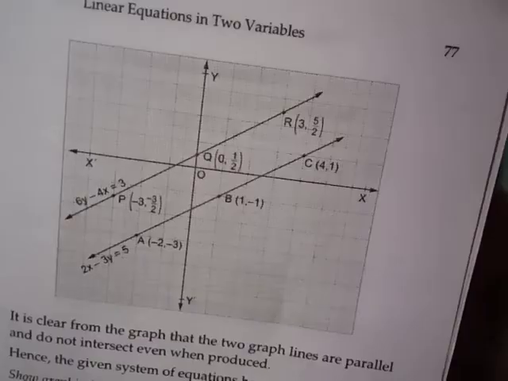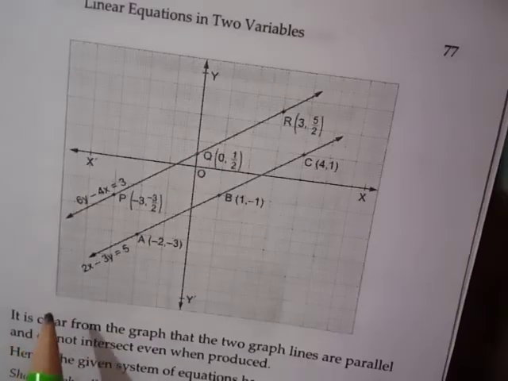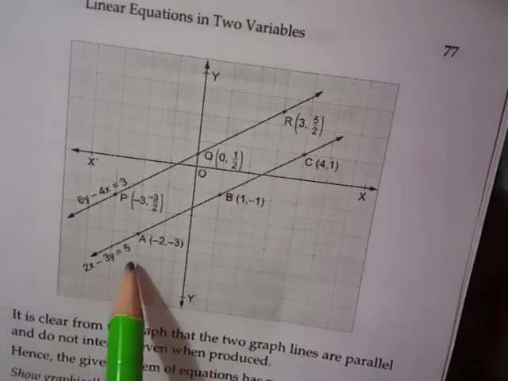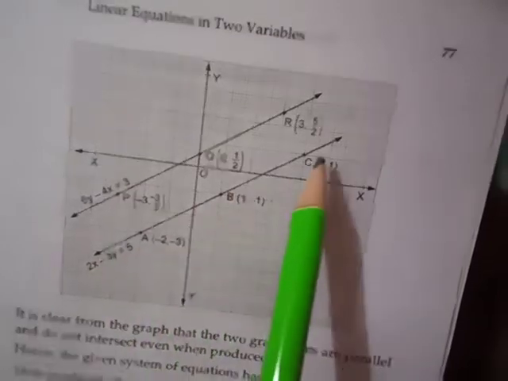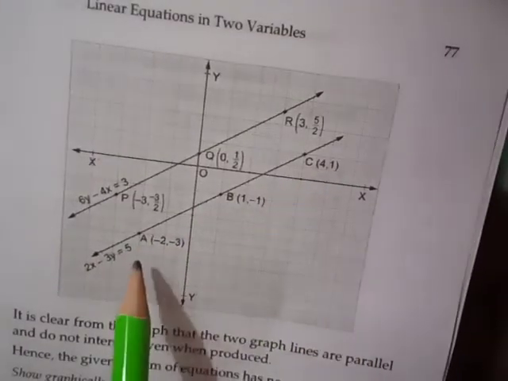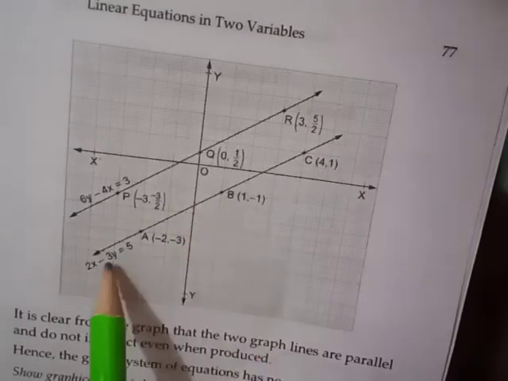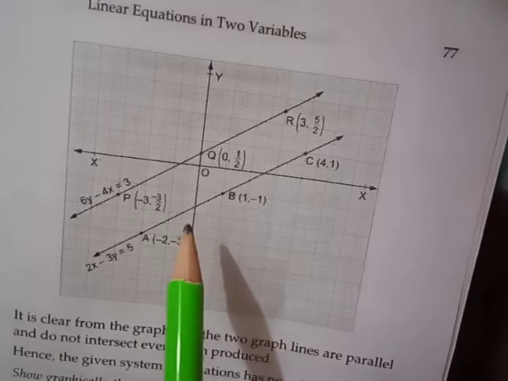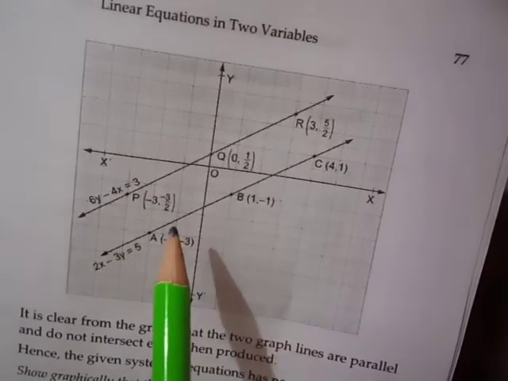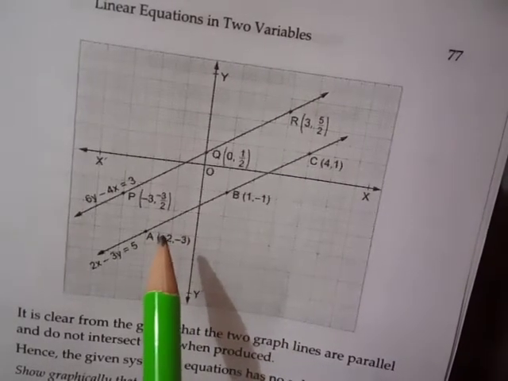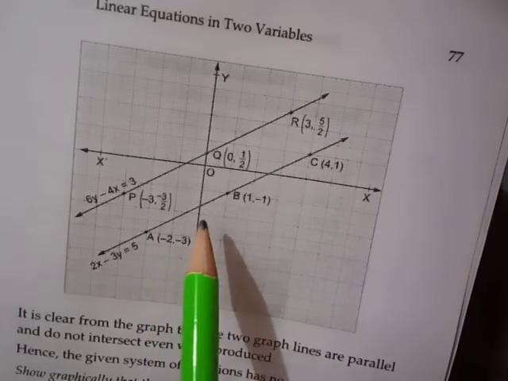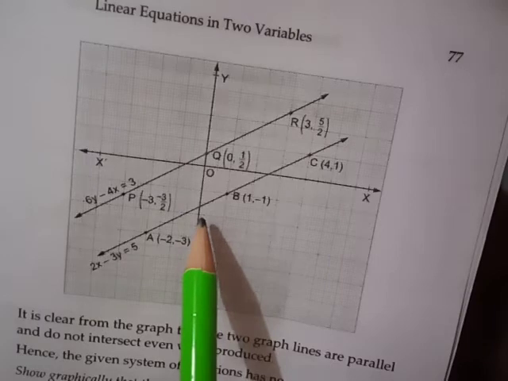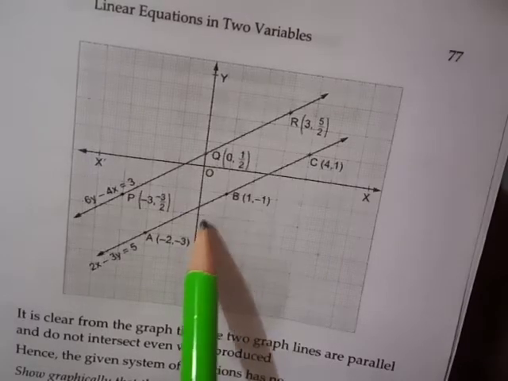Now for the equation 2x minus 3y equal to 5, this is the line according to the table. How can we draw it? The first point is x equal to minus 2 and y equal to minus 3.